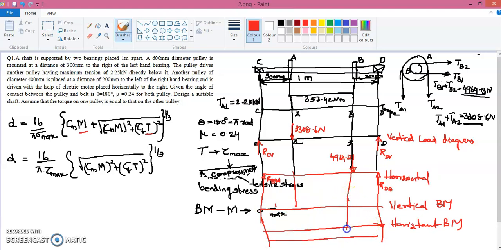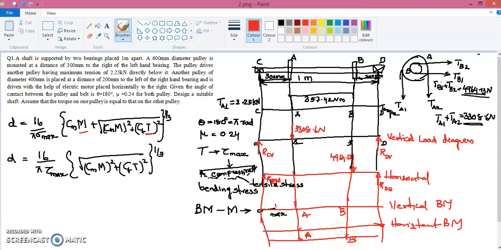So all these points we can drop here, and we can locate this point A, B. Similarly here, all these points we can locate. This is point A. So we have to find out the maximum bending moment produced due to this horizontal and vertical bending moment. So this is a diagram we have to complete.